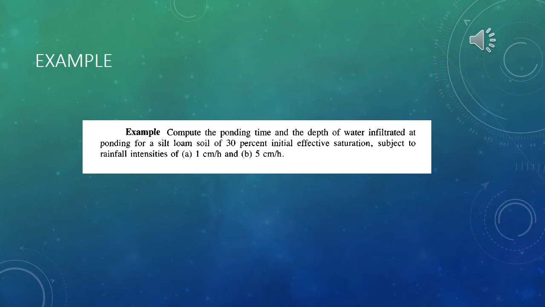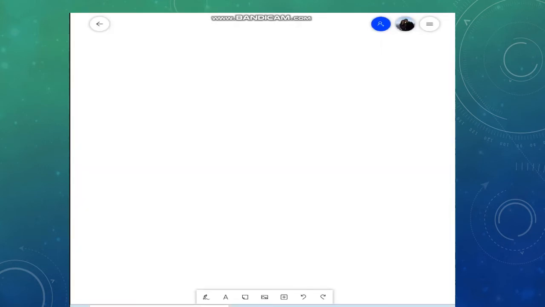We can get help from our previous example, and we will solve this question. In this question, we are going to find the cumulative infiltration for ponding and ponding time.